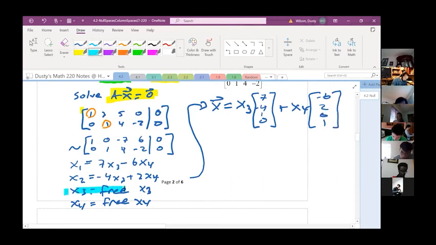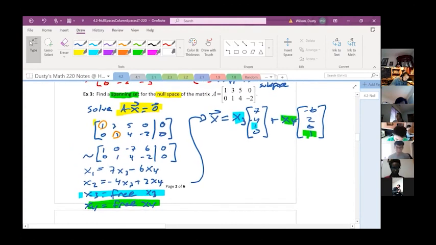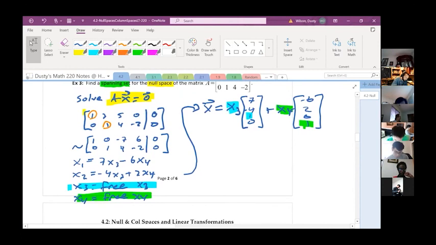Again, that one is showing up here in this one, and this one is showing up here in that one. So what this tells us, since the question said find a spanning set for the null space, is that our spanning set is these two vectors.